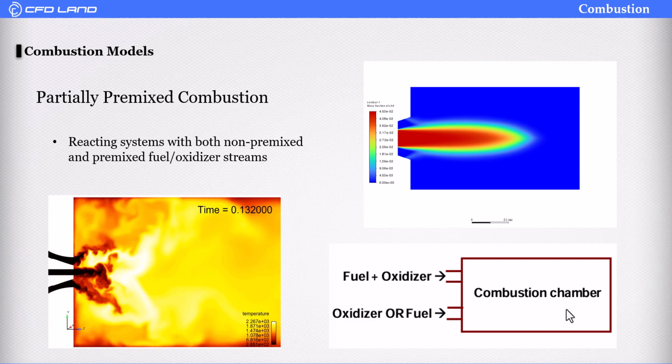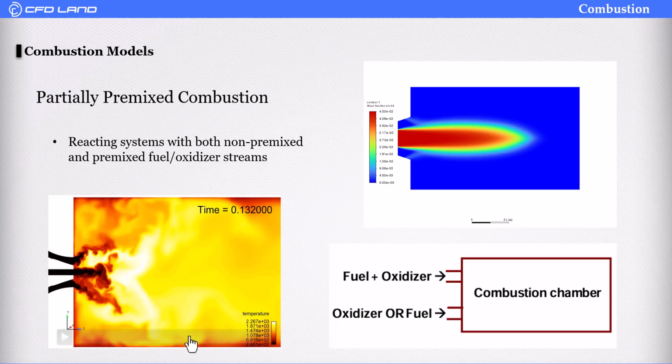Within the flame, a linear combination of the unburned and burned mixture is used. The underlying theory, assumptions, and limitations of the non-premixed and premixed models apply directly to the partially premixed model.